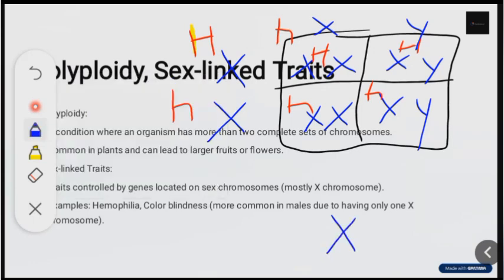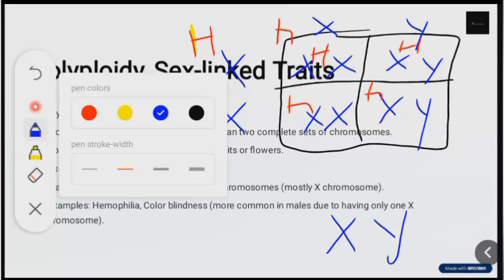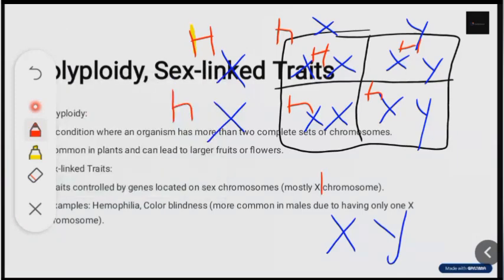Okay, thanks for your feedback. So we are saying if you have a father that is normal and a mom that is a carrier of hemophilia, and we mate these two, we are going to produce two males. In these two males, one male is normal. The other male has hemophilia.